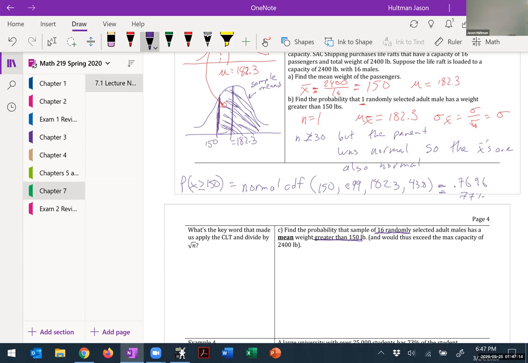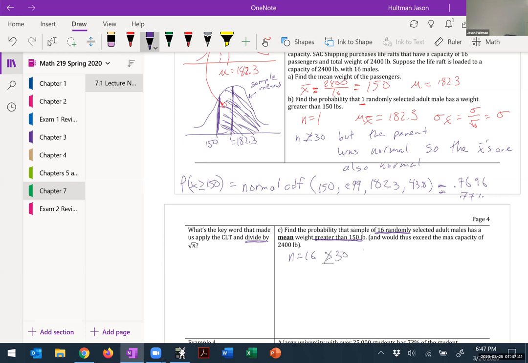Now I want to know what happens when I take a larger sample size, not just 1. Well, we have to divide by the square root of n, and n in this case is no longer 1. It is 16, which is still less than 30.